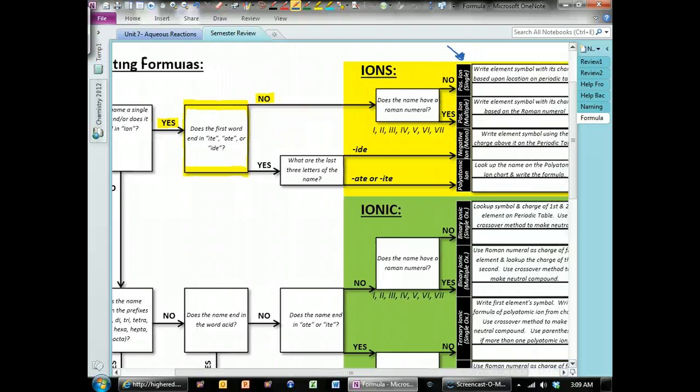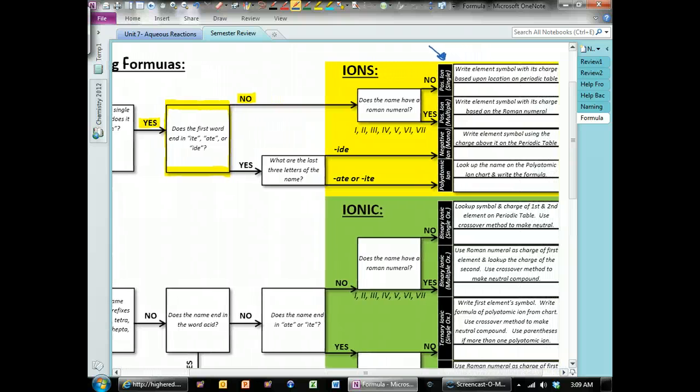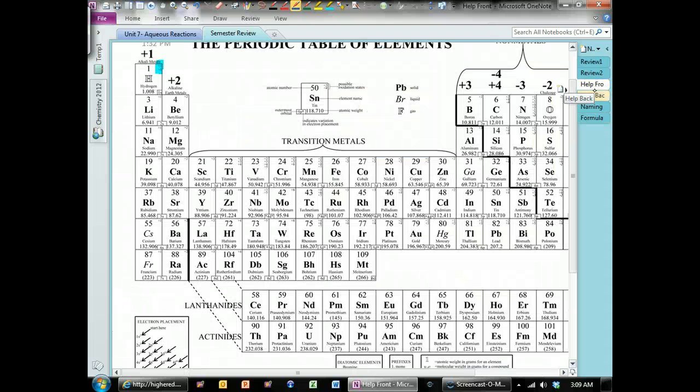All we have to do is write the symbol for hydrogen, which, when we look it up on the periodic table, is H. Then we look at its charge. Hydrogen on the periodic table can have a positive or a negative charge, so we have to look at the clue that it's just called hydrogen ion, and we use the plus charge, +1.